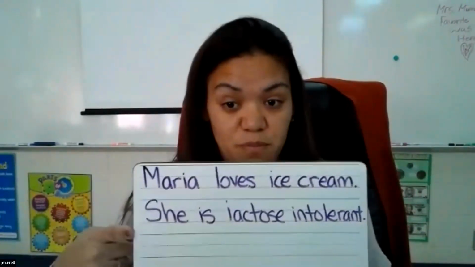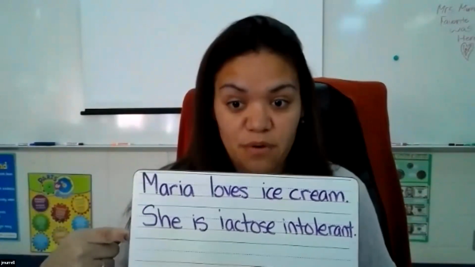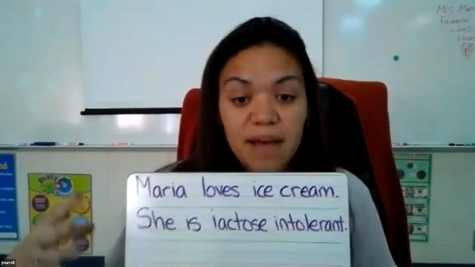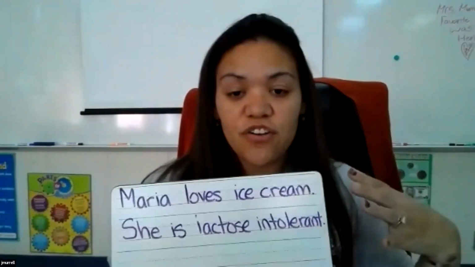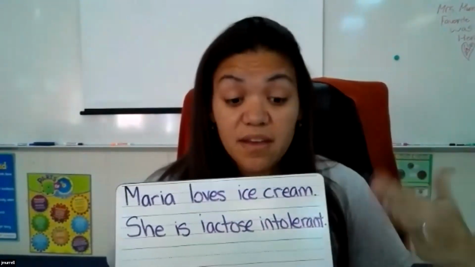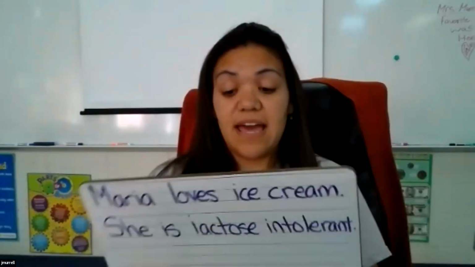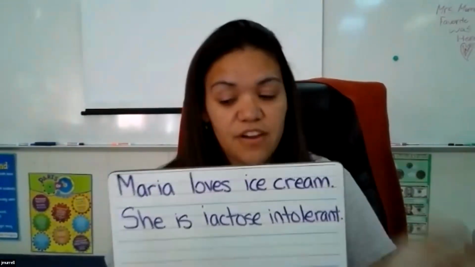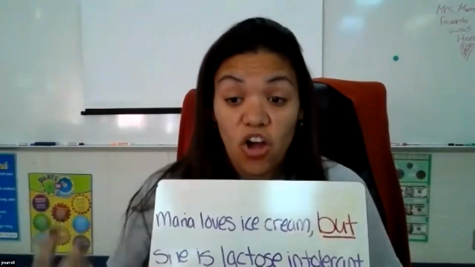We just changed it to a pronoun. Instead of saying Maria, the noun, we now use the pronoun she. So we're talking about the same person in both sentences. Now, in order for our writing to be a little bit more concise and clear, we can combine these two sentences. So instead of saying one sentence and then the other, we combine them because it's a contrast.